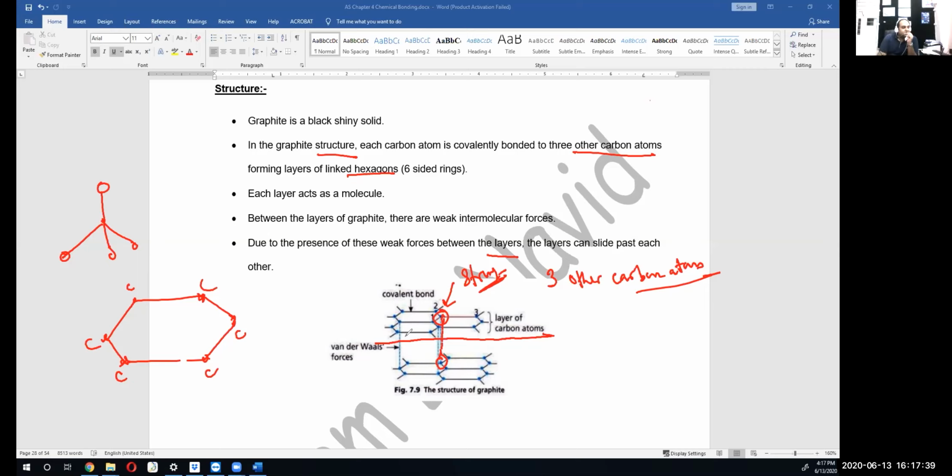This is why we say that the 4th electron is free.